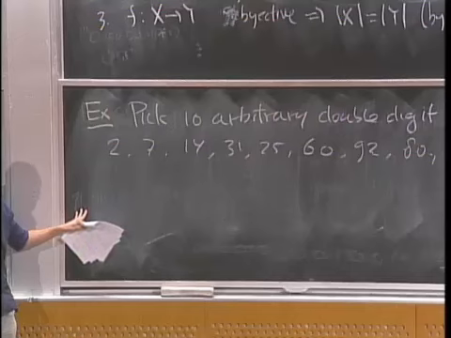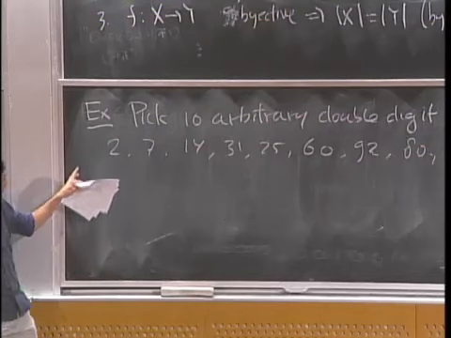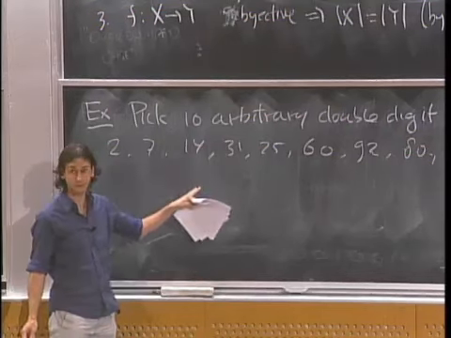It turns out that I can show to you that there are 2 subsets such that if I look at the sum of the elements of the first subset, and the sum of the elements of the second subset, I can find 2 subsets that have an equal sum. Now, if you just look at those numbers, 10 arbitrary double-digit numbers, usually it's pretty hard to figure out whether that's really true or not.